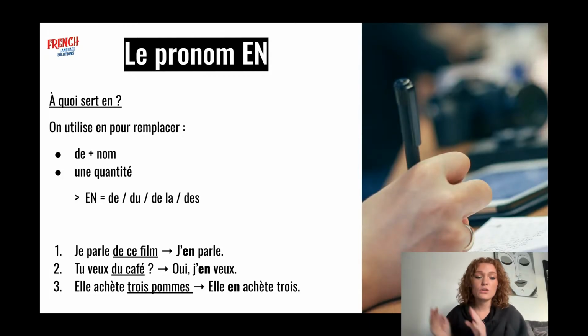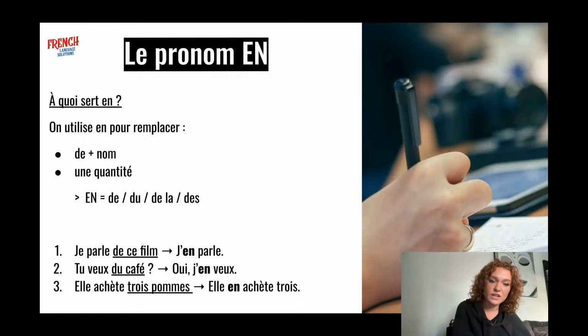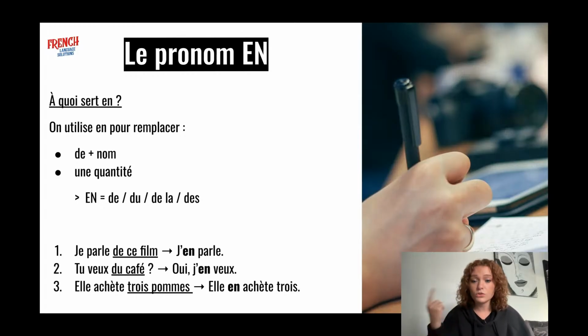So it's the first rule, de plus a noun. I'm going to replace all of those with just the en that I place before the verb. So we go from je parle de ce film to j'en parle. I talk about it.